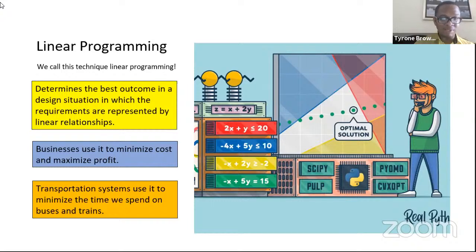We also use it in business to find the maximum profit, as we would have done already, and to minimize cost. As well as in transportation, we can use it to find a way to minimize the amount of time it takes for us to reach certain locations based on the restrictions that we have. Okay.